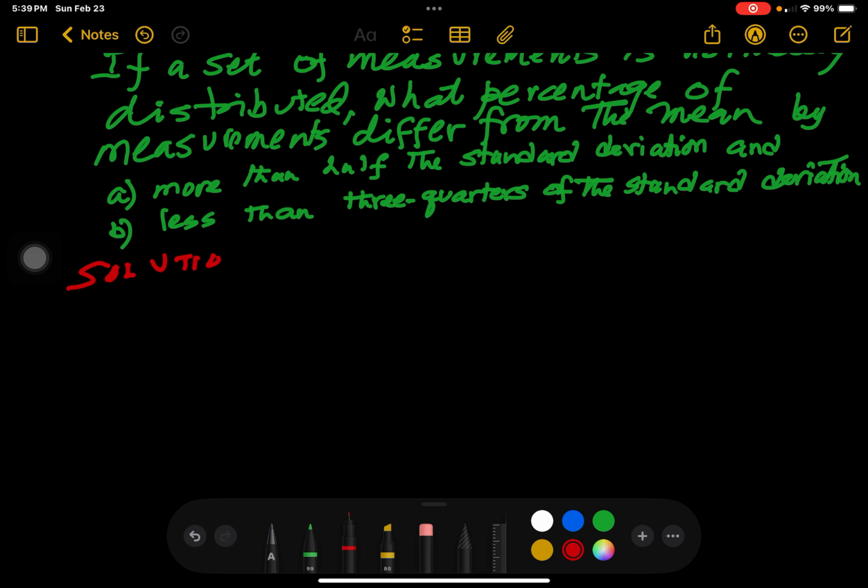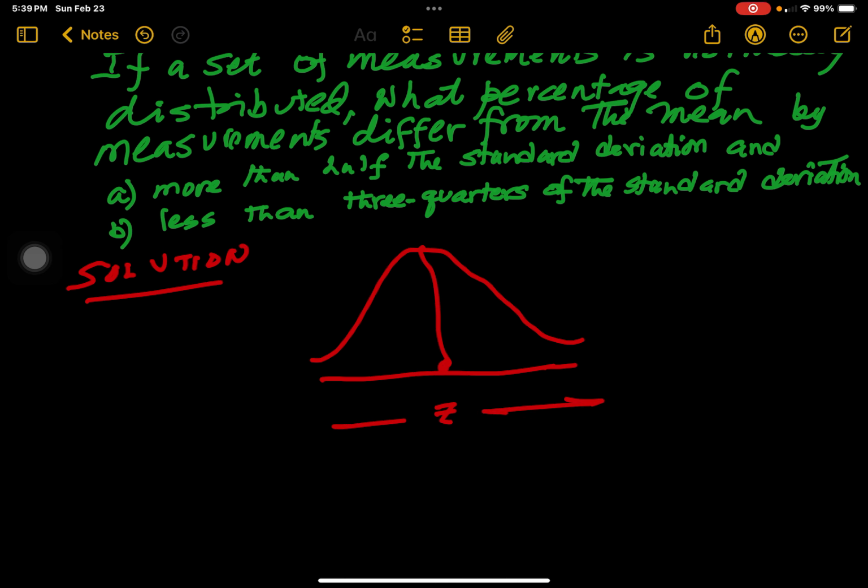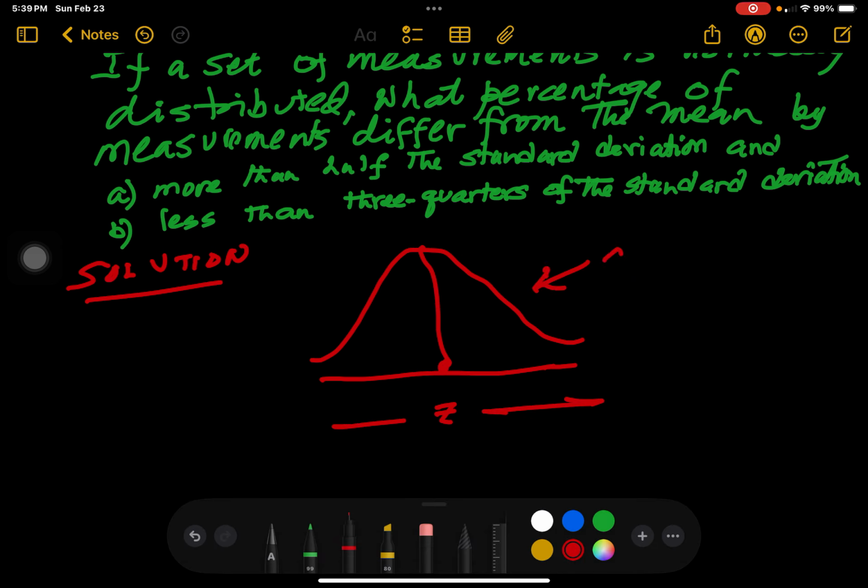First, we will draw a standard normal curve. The center where the peak is the highest is the mean. This is a z-scale on the horizontal axis.